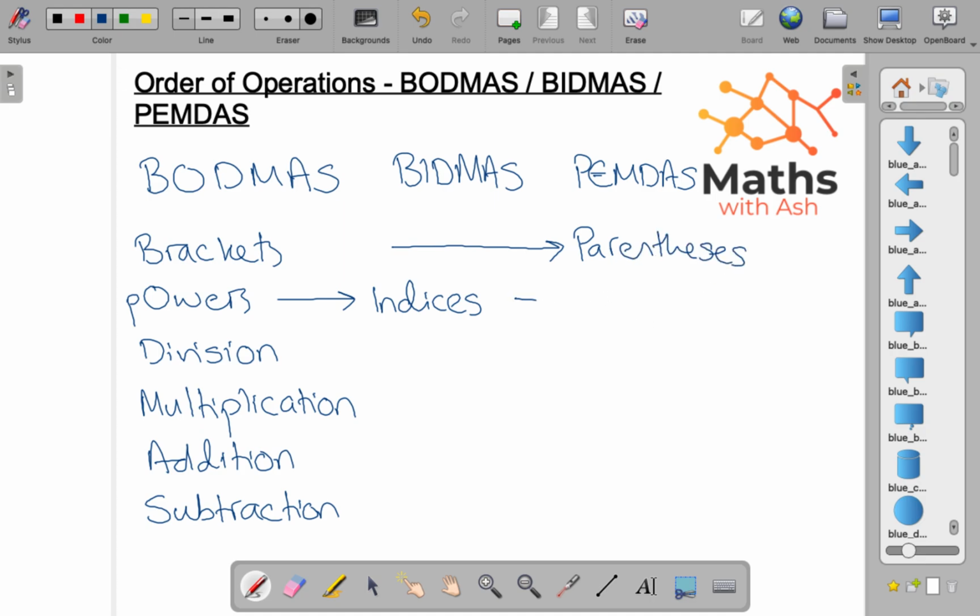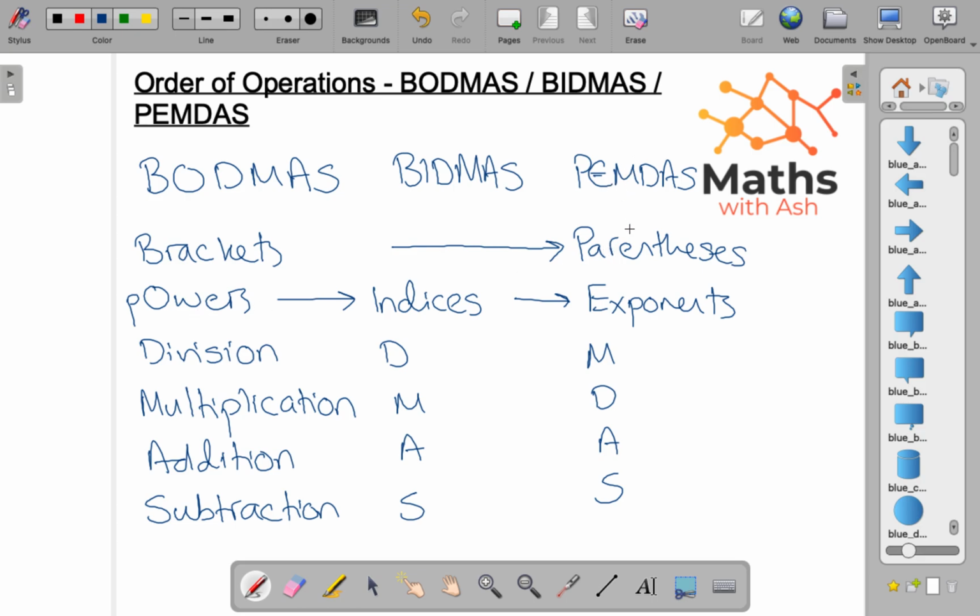E is for exponents. And then this one, division, multiplication, addition, subtraction, multiplication, division, addition, subtraction.